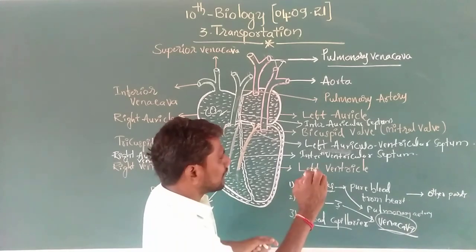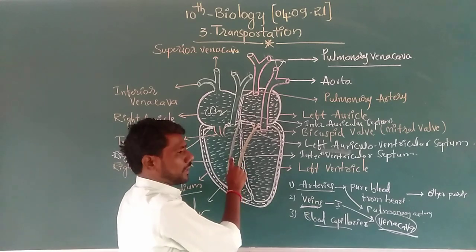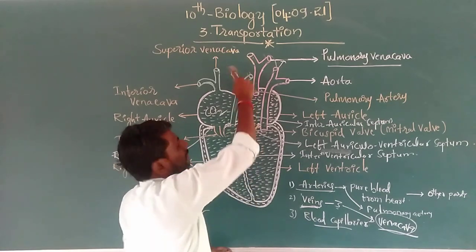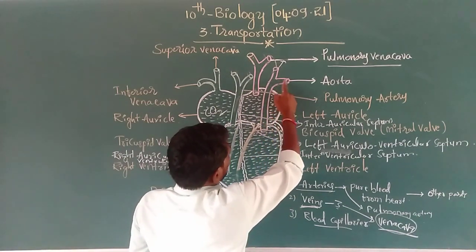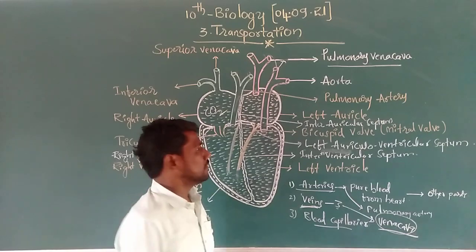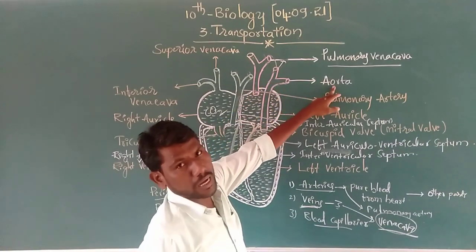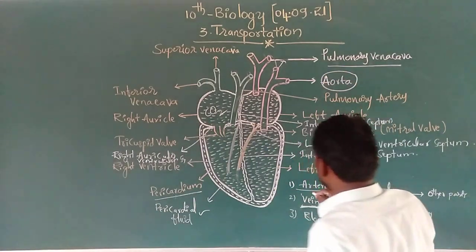When it contracts, what happens? The impure blood from the right side enters the lungs. The pure blood is supplied to all other parts of the body through the aorta. This is the biggest artery in our body.